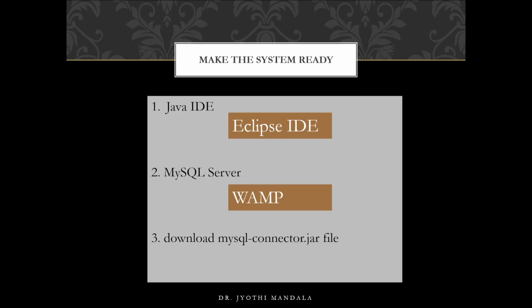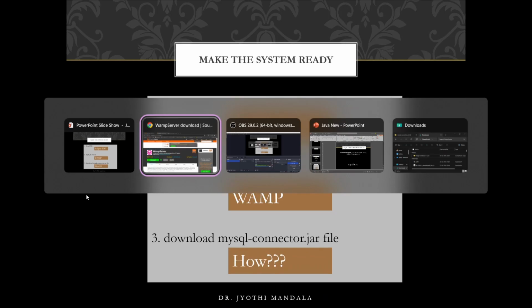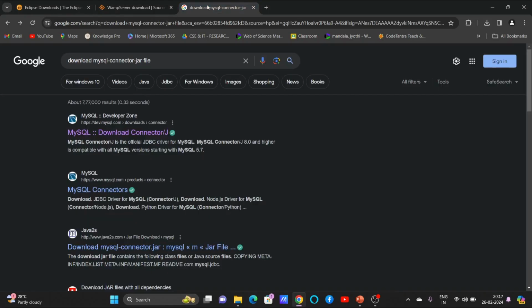The next step you need to have is download MySQL connector jar file. Now this downloading is also very simple. What you need to do, you need to go to the Google search again, type download MySQL connector jar file. From the suggestions given, click on this first option, MySQL download connector.